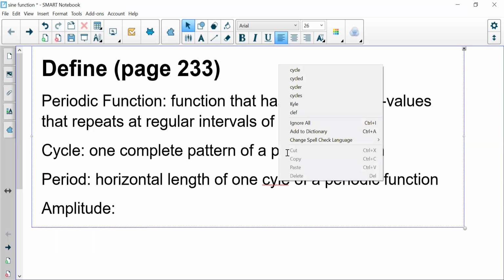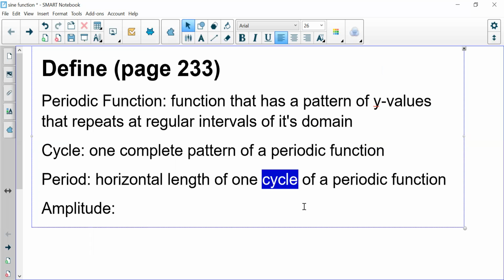If we were graphing it, you would see when the pattern starts and when it stops and then repeats again. So a period is the length of one cycle on a graph. For Earth in its orbit, the length of a cycle, its period, would be 365.25 days. That's the length of a period, and then we start again. It says horizontal length because we're thinking of it on a graph where we can see it.